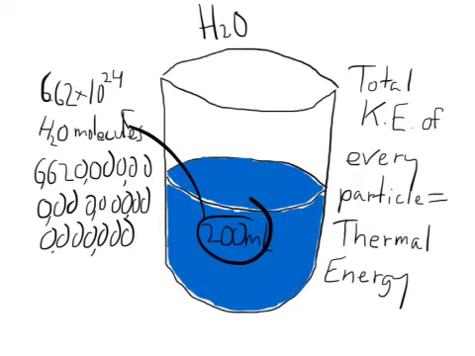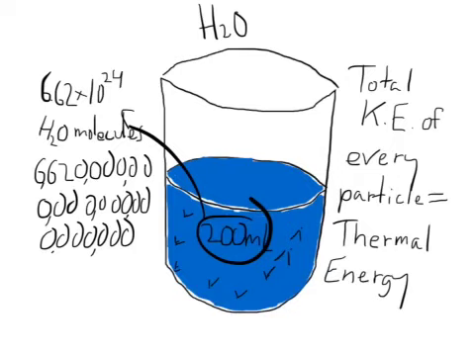Now we just talked about in this last slide how even the really small things we can't see have kinetic energy. Every single little molecule, right? Those are molecules in the water. They might look like birds or something. They're molecules. Each one of those has kinetic energy.